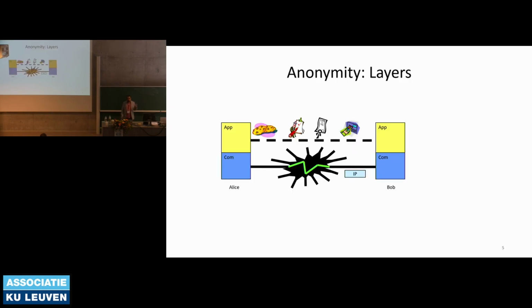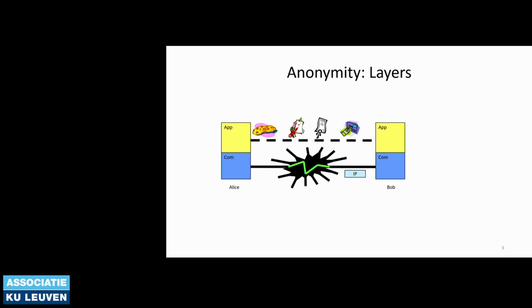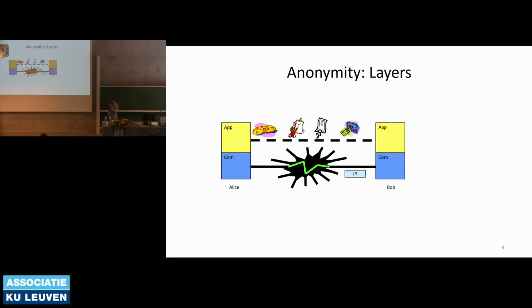Typically when we talk about anonymity, we can talk about it based on different layers. For example, the most basic layers are the communication layer and application layer. Suppose you are accessing Facebook using some kind of anonymous communication system, for example, Tor. But you have to log into Facebook.